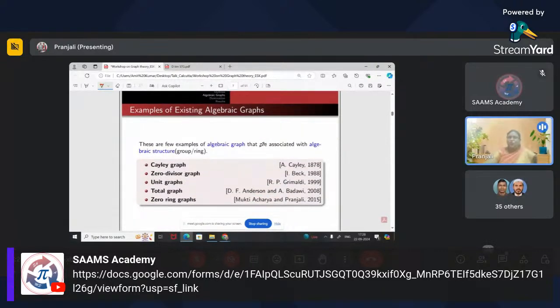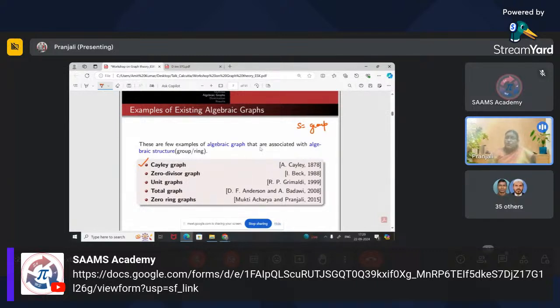I am listing a few of them. The first one is the Cayley graph, which we are all familiar with. It was introduced by Arthur Cayley in 1878, and this Cayley graph is based on the algebraic structure group. However, in recent research, Cayley graphs have been constructed on rings as well, but initially it was introduced based on groups.